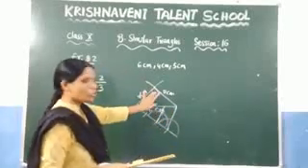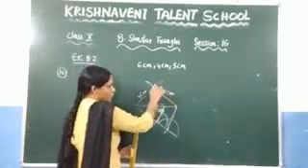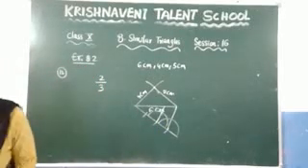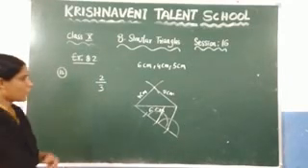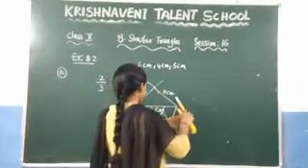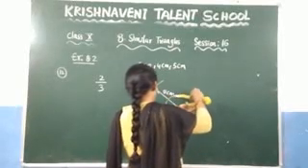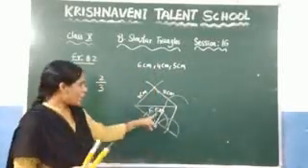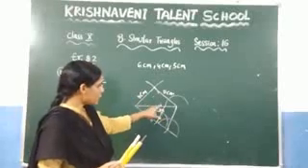Since we need to draw the similar triangle, again draw the parallel line to this line. So for that reason we need to draw the arc by taking some radius. So here at this point take some radius and draw one arc. Because here you will get one similar triangle like this, right?